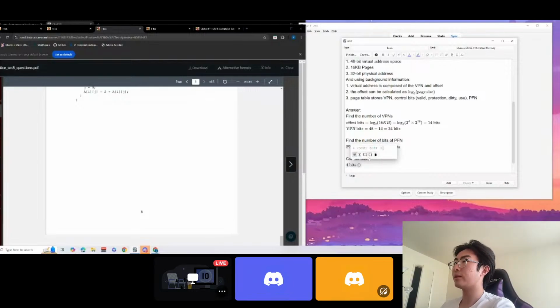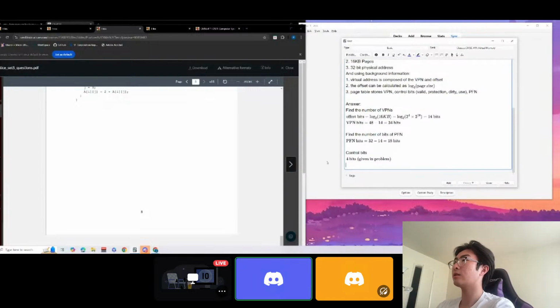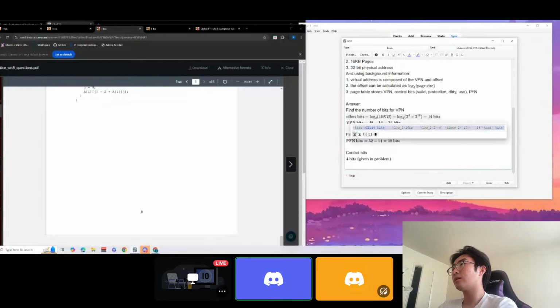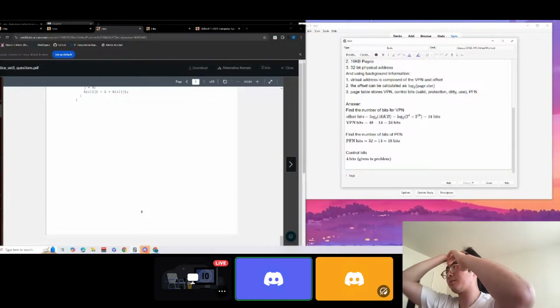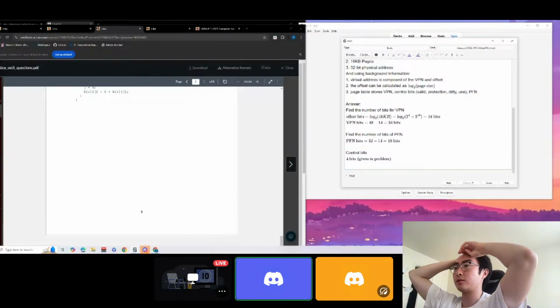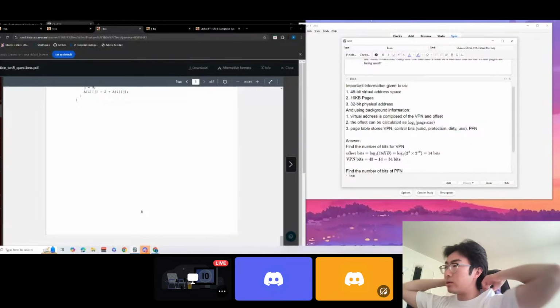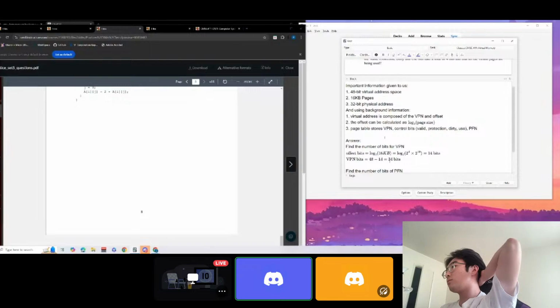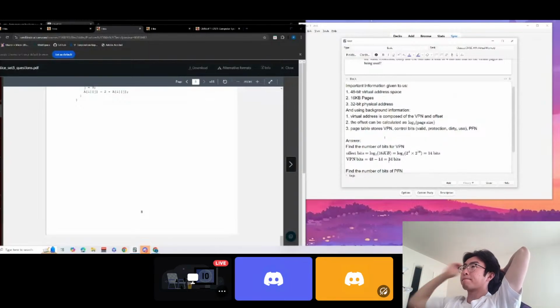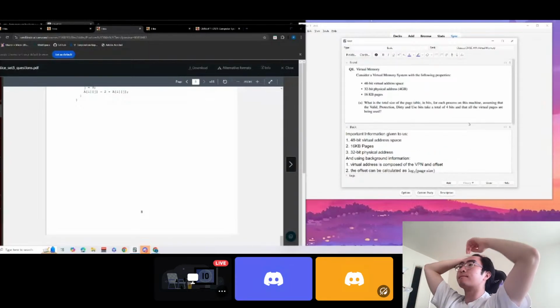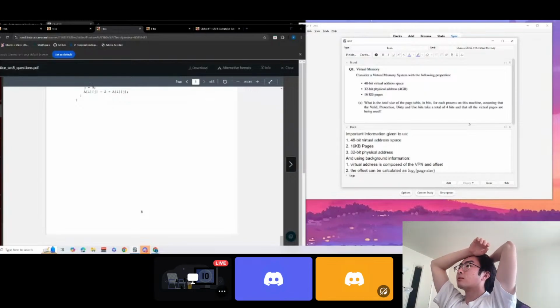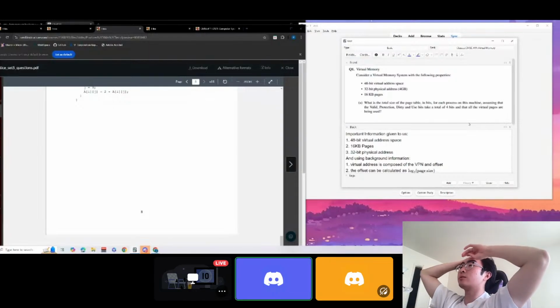I don't know, at this point, this is where I'm not entirely sure. Do we just add up all of these together, so 34 plus 18 plus 4, or do we take this and raise it to 2 to the 34, for each process on this machine?